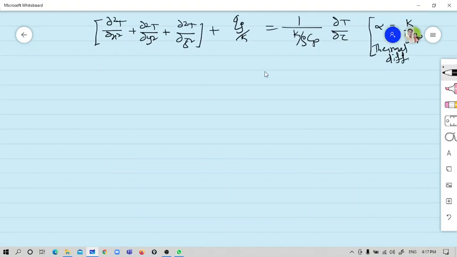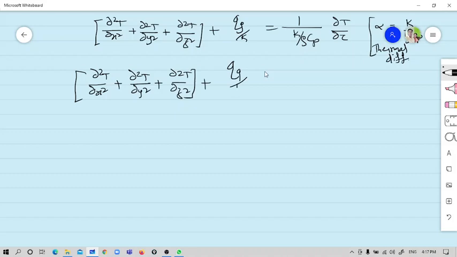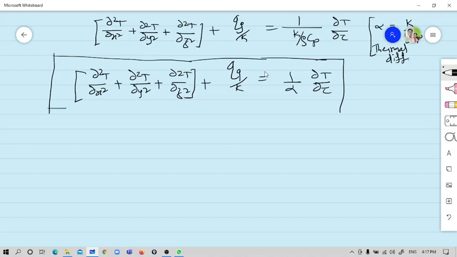So you will have ∂²T by ∂x² plus ∂²T by ∂y² plus ∂²T by ∂z² plus qg by k equal to 1 upon alpha into ∂T by ∂τ. Whatever equation we have got here is called the general heat conduction equation in three dimensions, in Cartesian coordinates.